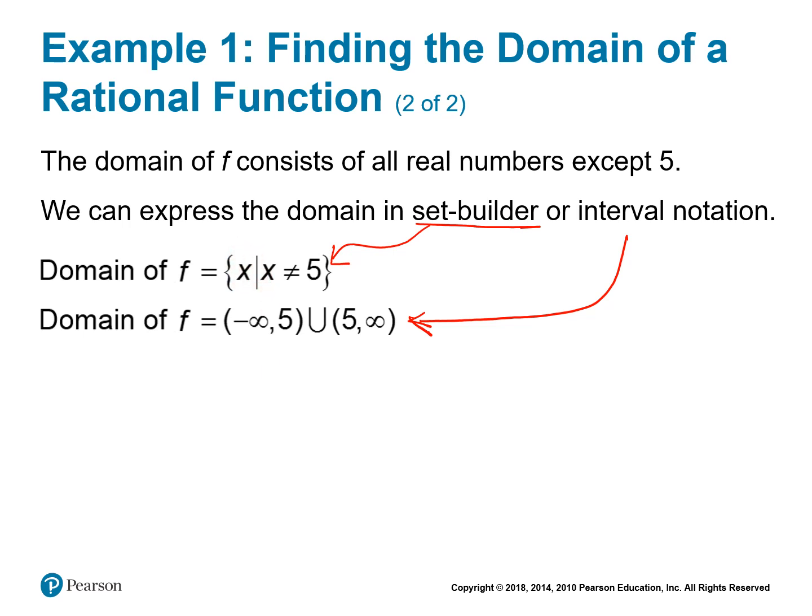All right, so this vertical bar reads as such that. Let me write that down here, such that. That's what this vertical bar reads, x such that x is not equal to 5 and close the brackets. All right, that means x can be any value but not equal to 5, right?